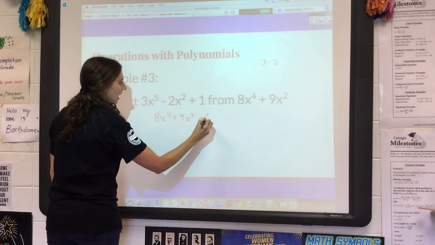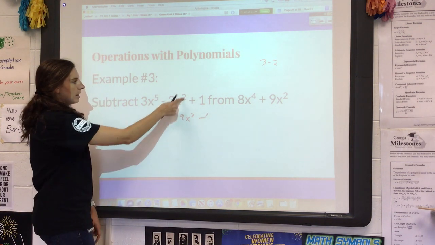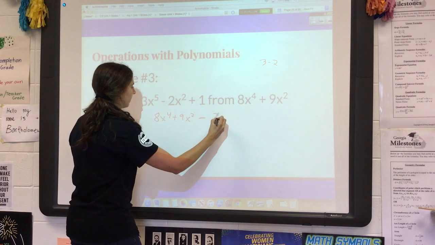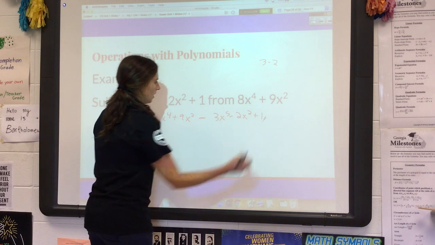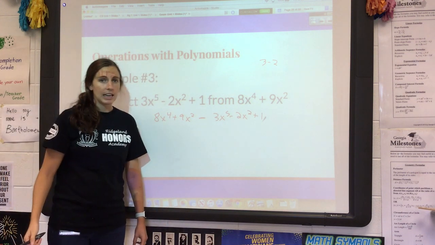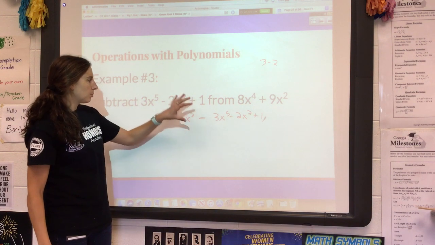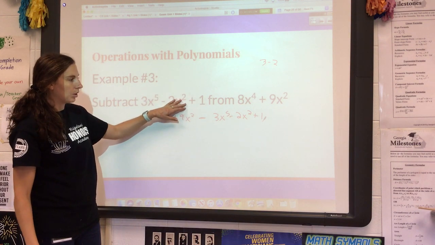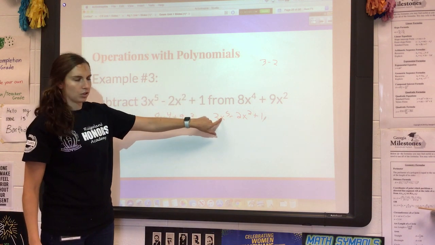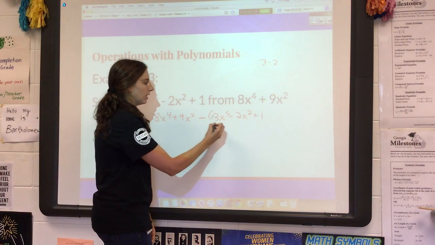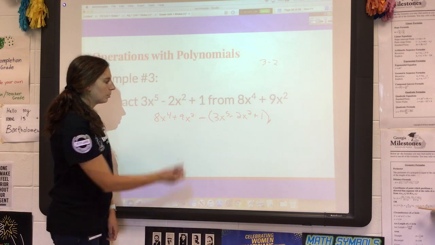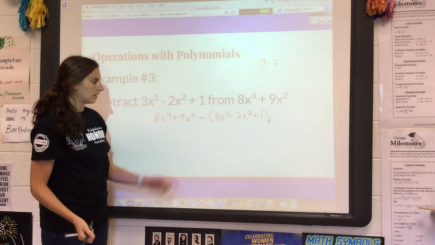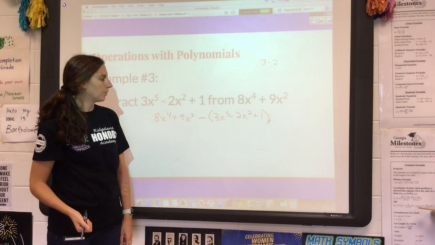I'm going to subtract this whole thing. All right, what I've written right now is actually incorrect. I need to subtract this entire polynomial, not just the first term. So you'll probably want to use parentheses to indicate you're going to subtract the entire thing. You can put this one in parentheses too if you want, but there's nothing in front, so you don't need to.